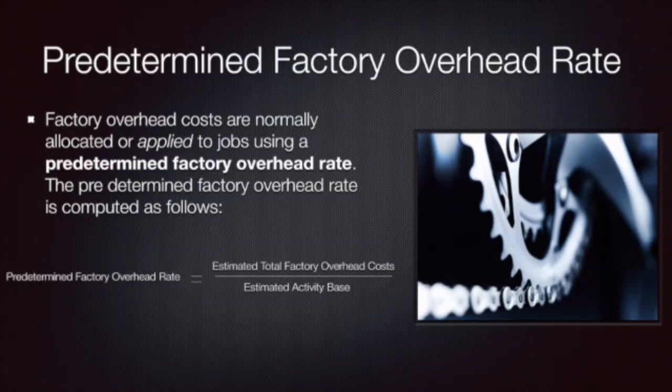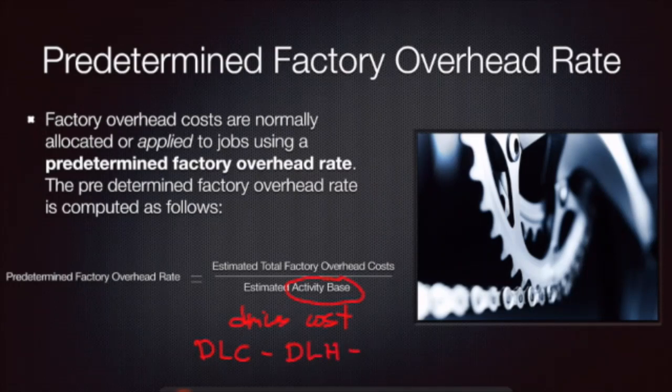Predetermined factory overhead rate is equal to estimated total factory overhead costs for the coming period divided by the estimated activity base. Now the activity base is what drives the cost. As I've mentioned, these are direct labor cost, direct labor hours, and the machine hours.